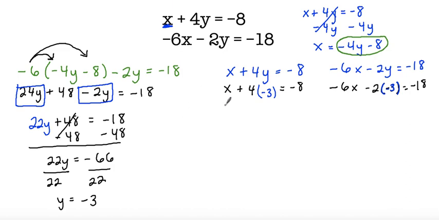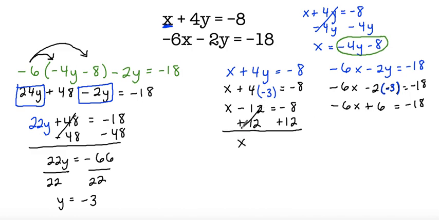So we have x, and then we have positive 4 times negative 3, which is negative 12, is equal to negative 8. And here we have negative 6x, negative 2 times negative 3 is positive 6, is equal to negative 18. So for our first equation here, we have to add 12 on both sides.